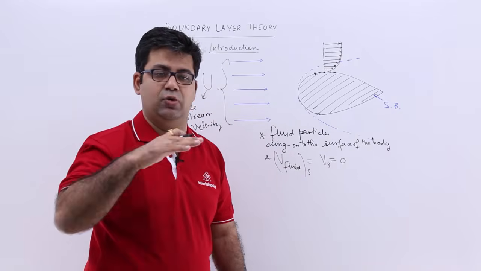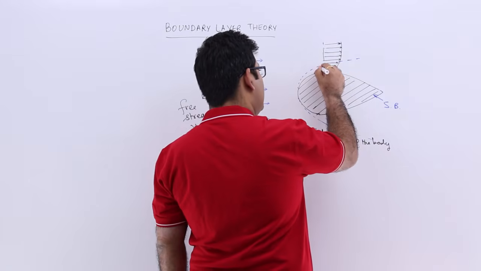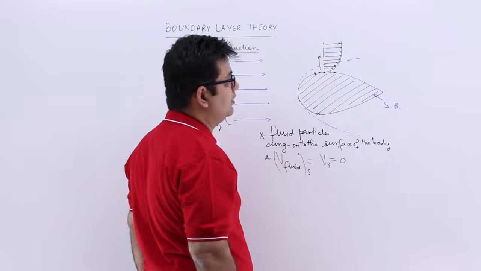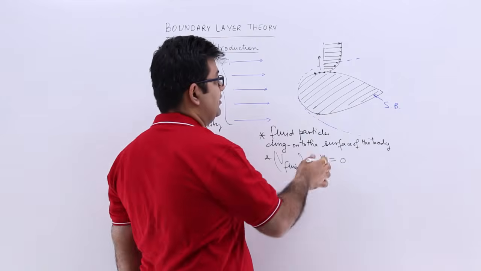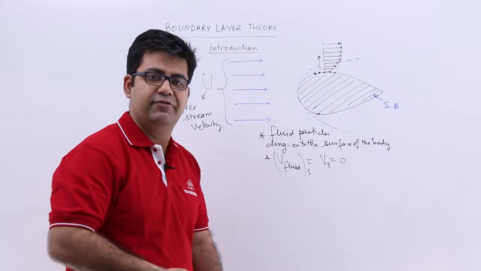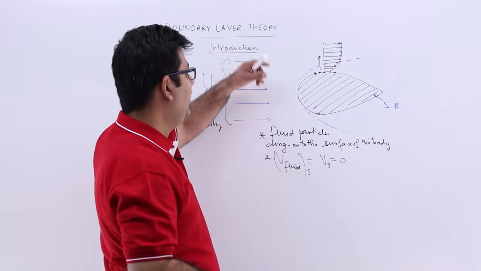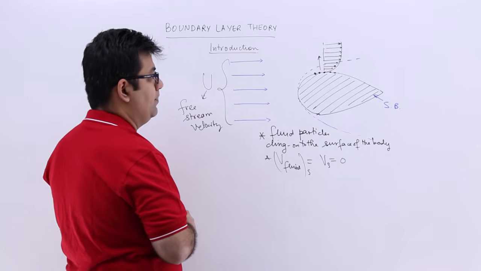Now as you start going up or away from the surface, the velocity starts to rise. There is a variation in the velocity as we go away from the boundary of the body.